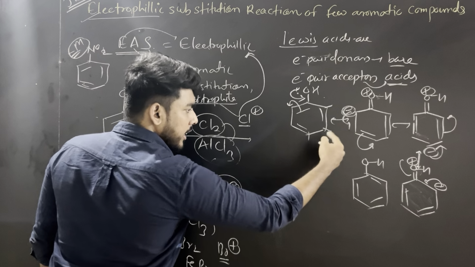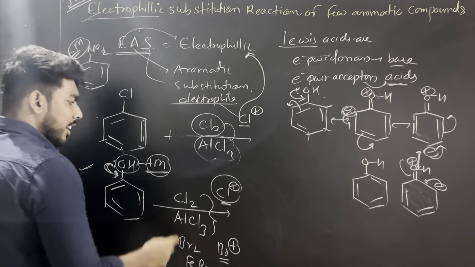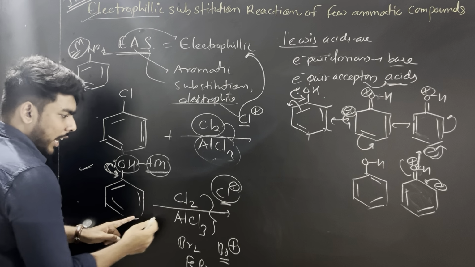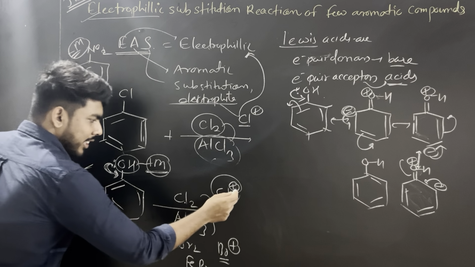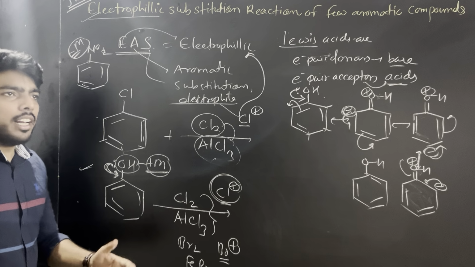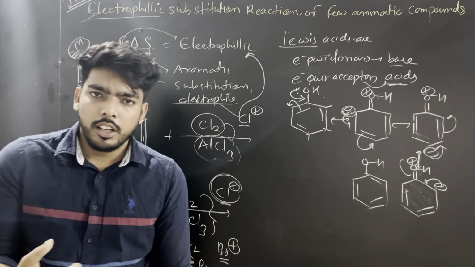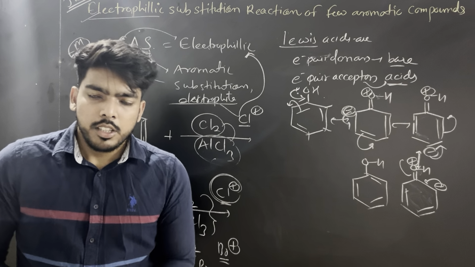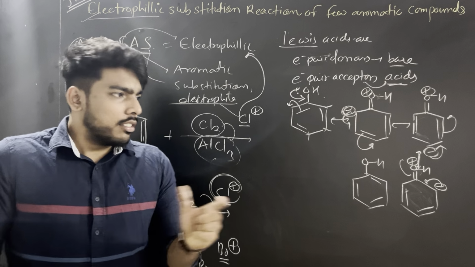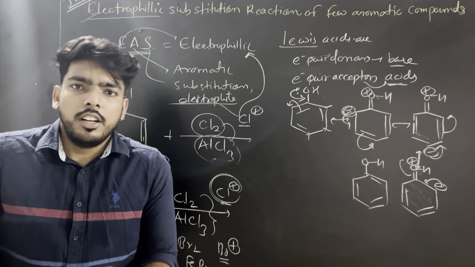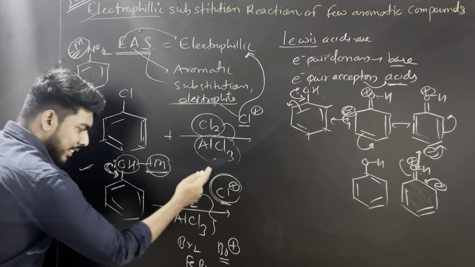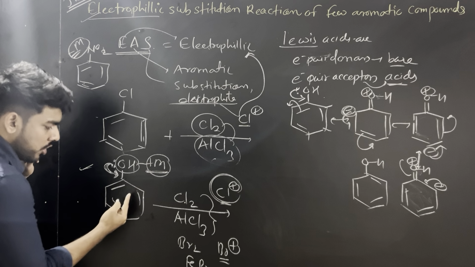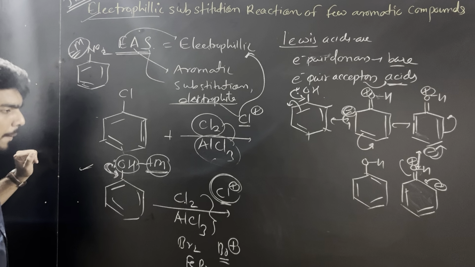In the meta position there is no electron density. That's why the chances of attack of Cl on the meta position are very low. We know that this is an electrophile. Electro means electron, phile means to love something. So an electrophile is a component which likes electrons, and it will attack the position on which electron density is very high.